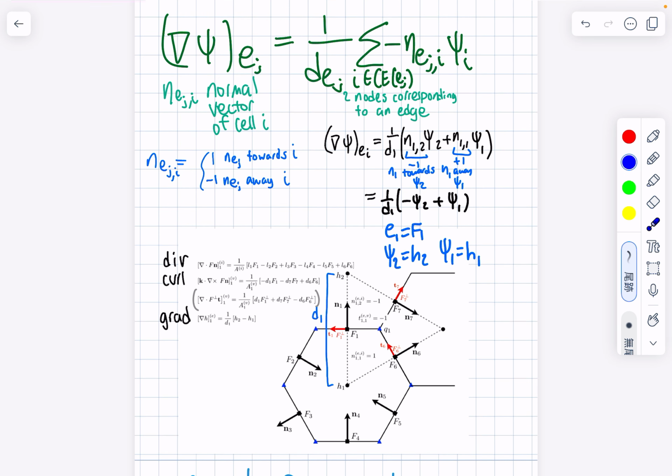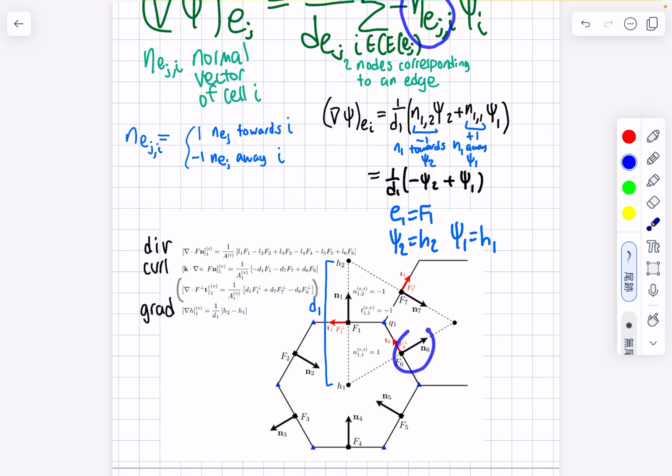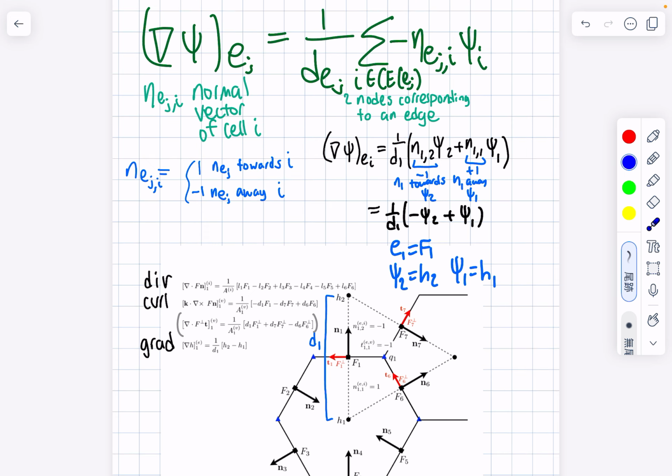And then we have our scalar, which is going to be here and here. And then we have negative nj. So here, for example, this is positive, right? Let me think. Okay, so let's just talk about, we first start with this I. So this is H1, this is H2.